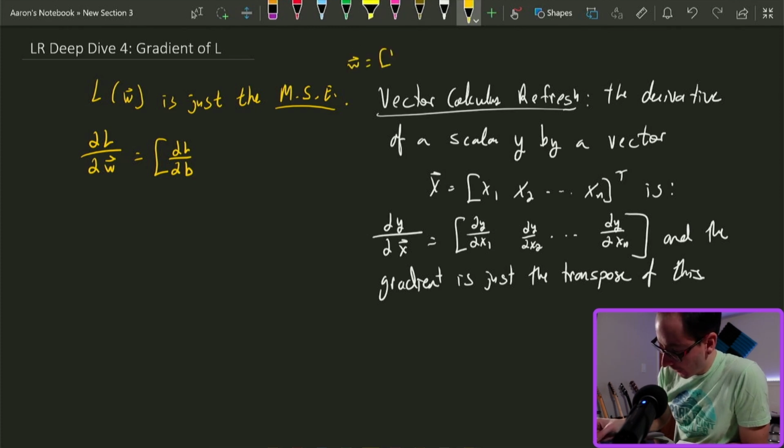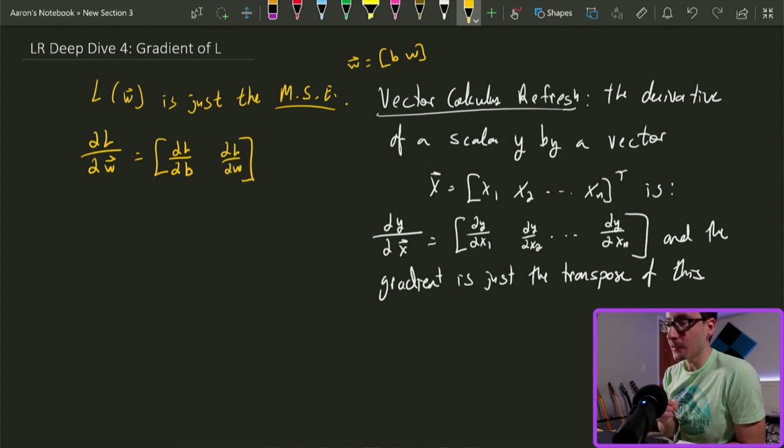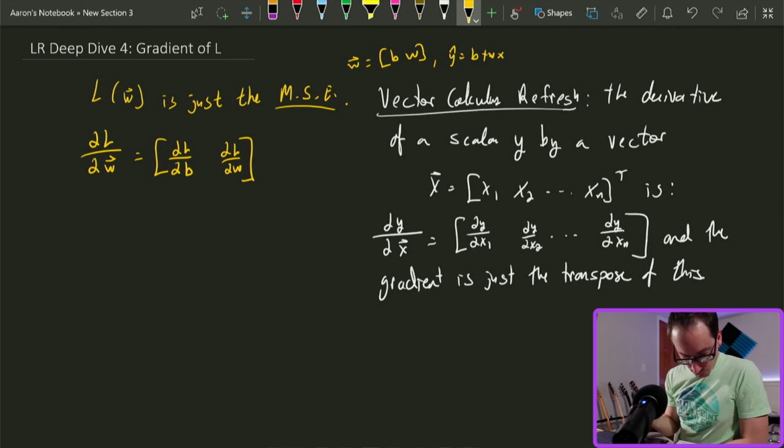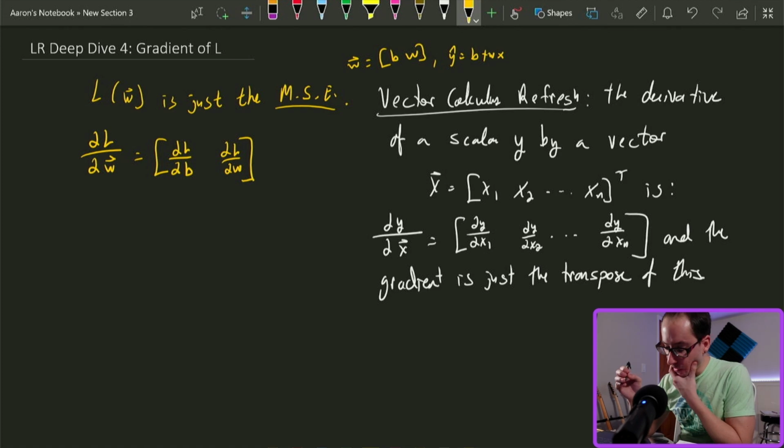Remember, W right now just has B and that second component there. So the derivative of L then with respect to the weight of the first feature there, W, right? So we're doing our prediction y hat equal to B plus W X for an individual predictor there. So these are the exact partial derivatives we want to calculate the gradient.